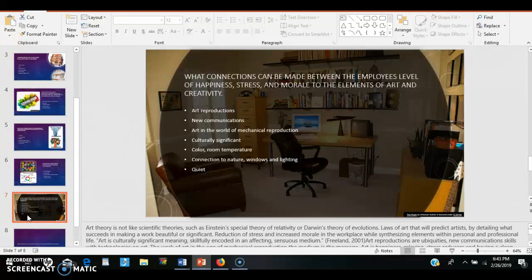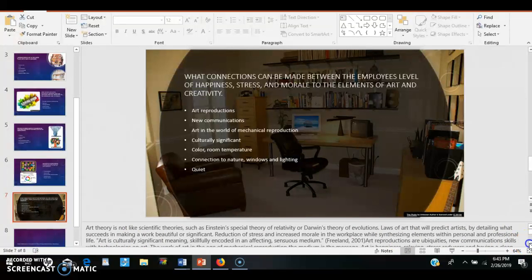Reduction of stress and increasing morale in the workplace will symbolize elements within personal and professional life. Art is culturally successful, meaning skillful in coding and affecting an immersive medium.